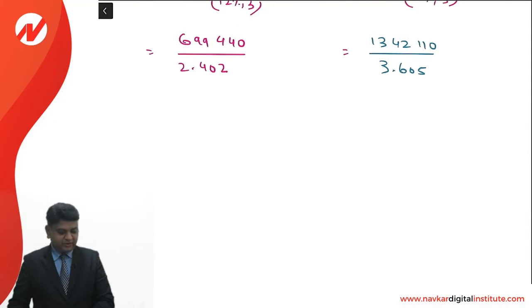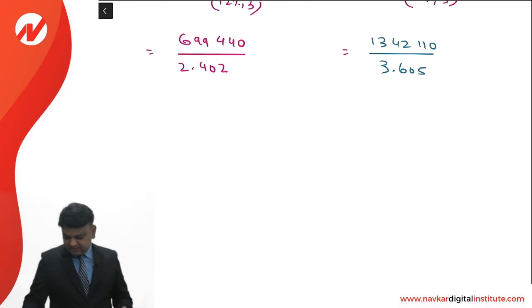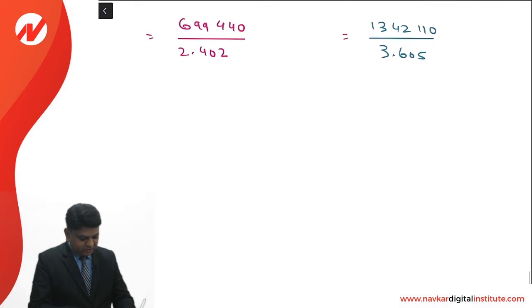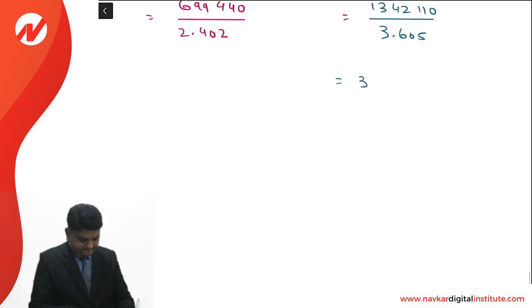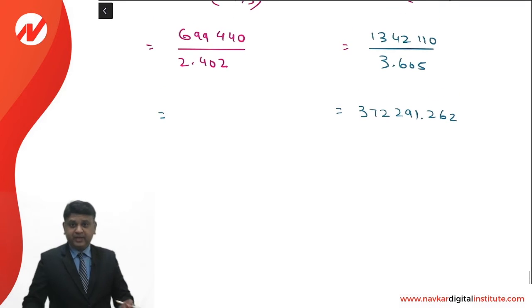So 13,42,110 divided by 3.605. So the answer is 3,72,291.262, and for the next one it is 6,99,440 divided by 2.402.